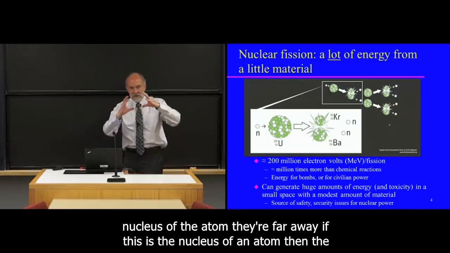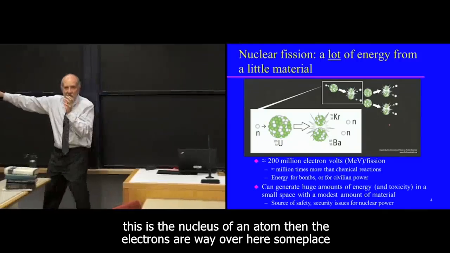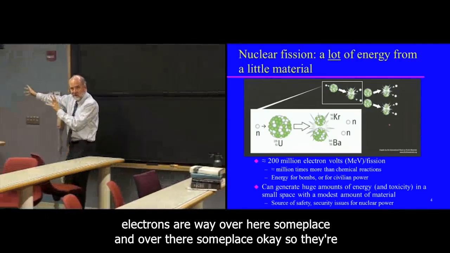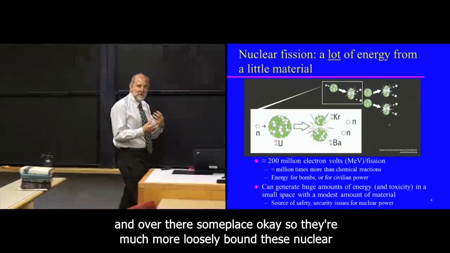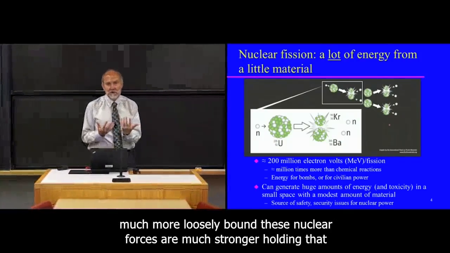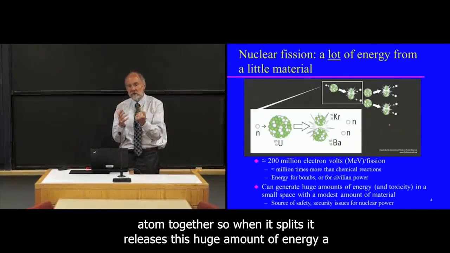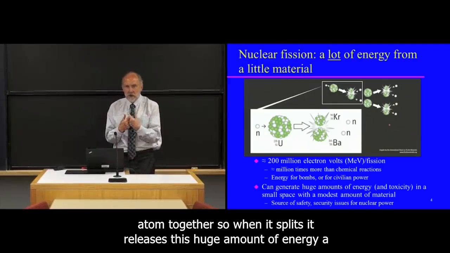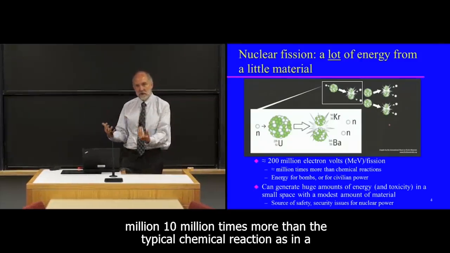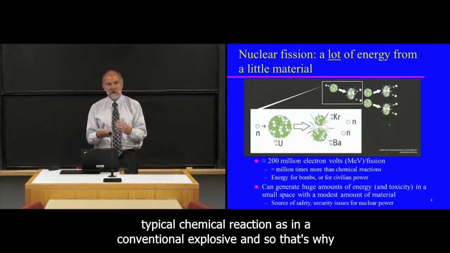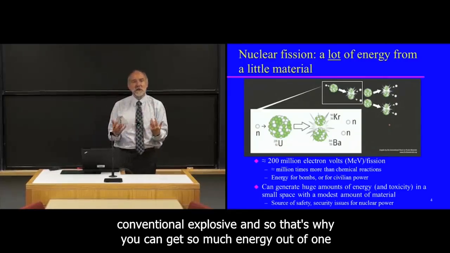If this is the nucleus of an atom, then the electrons are way over here someplace and over there someplace. Okay? So they're much more loosely bound. These nuclear forces are much stronger holding that atom together. So when it splits, it releases this huge amount of energy, 10 million times more than the typical chemical reaction as in a conventional explosive. And so that's why you can get so much energy out of one bomb.